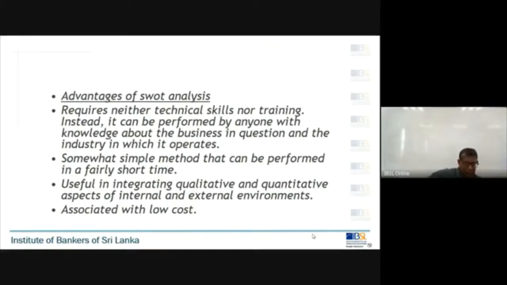Even for yourself, what are your strengths and weaknesses? It is always better to identify your own weaknesses and strengths, at least yourself. We can analyze a country, for example Sri Lanka's strengths and weaknesses. So it's simple. You can do it in a very short time, look at both internal and external aspects, and it is low cost also.